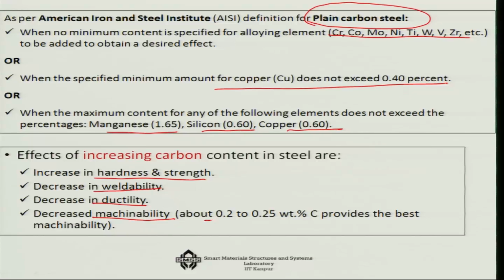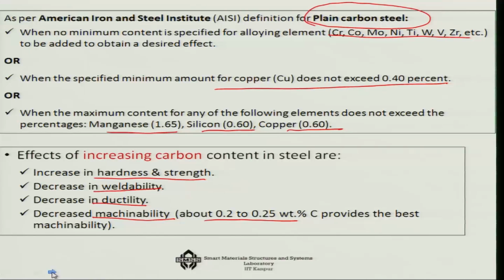So, for example, about 0.2 to 0.25% carbon provides the best machinability. So, while increasing carbon you are gaining in terms of hardness and strength, you are actually losing in terms of ductility, malleability, machinability, weldability, etc. So, there is a trade off there, that is what guides us towards exactly how much is good enough for a particular product.